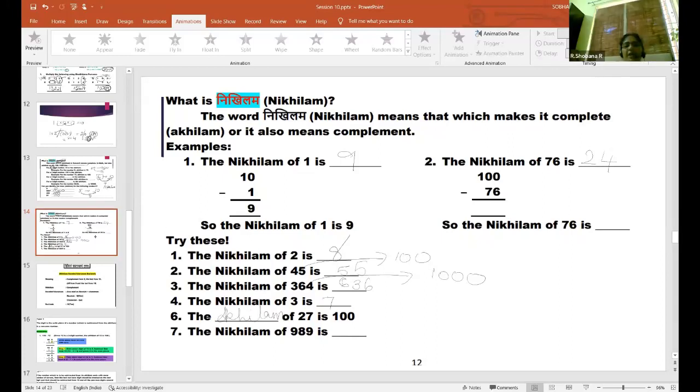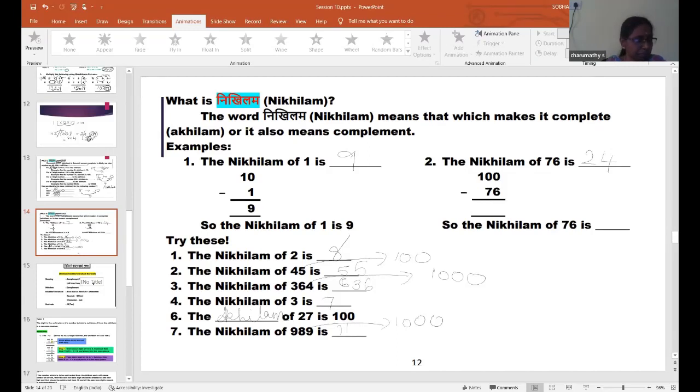The Nikhilam of 989 is 11, because the Aquilam would be 1000 and the Nikhilam would be 1000 minus 989, which is 11. So did you all understand the concept of Aquilam and Nikhilam, teachers? Yes? I think they are just nodding their head, so we can take it as a yes.